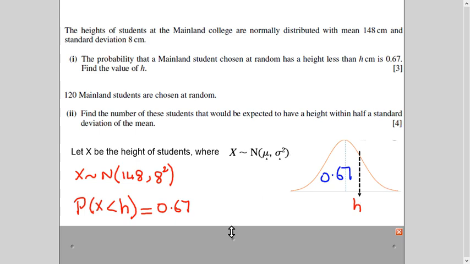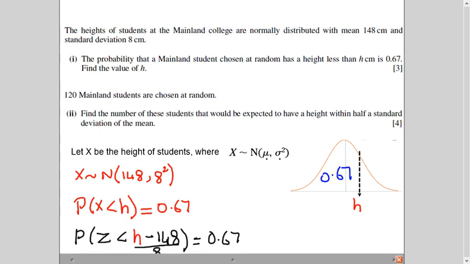So now, first of all, we will change this x into z. The reason is, if you want to find the value of h here, you need to know the value of z here, which you will read from the standardized normal table. So that's why you need the z value at this point, okay? That's why I'm changing the symbol of x into z.